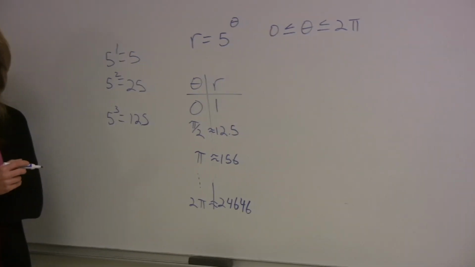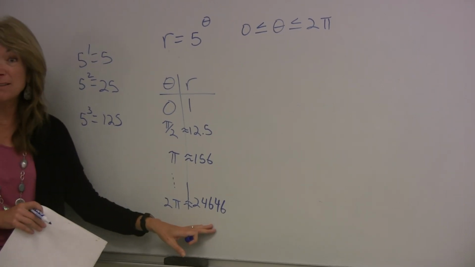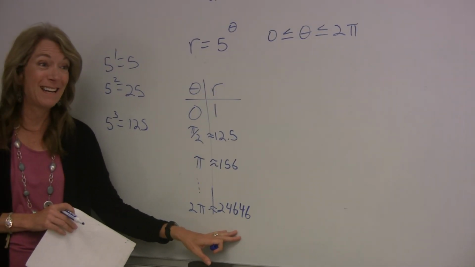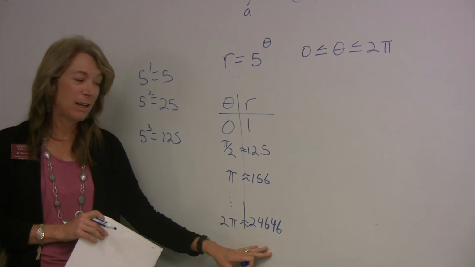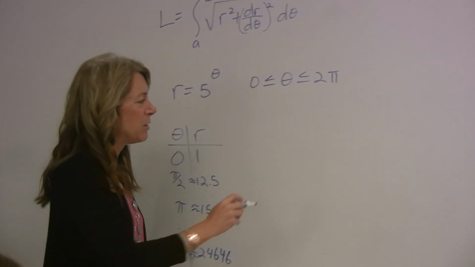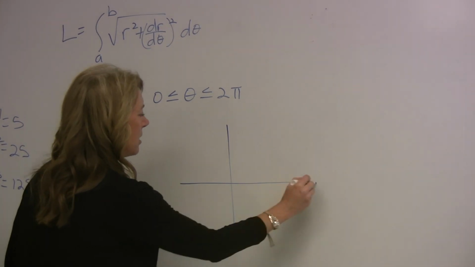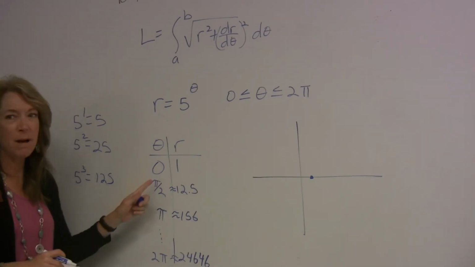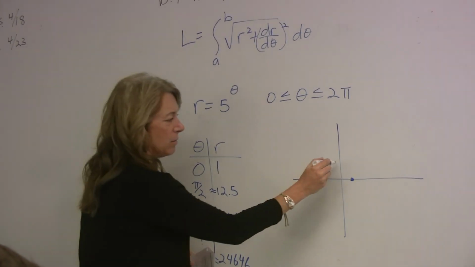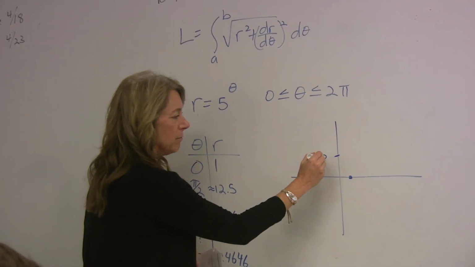So if I wanted to graph this, number one, my scale would have to go out to 24,646. That's a problem, so I'm going to fudge my scale to give you an idea of what it looks like. It starts here at 1. By the time I get to pi over 2, I'm out here, let's call that 12.5.